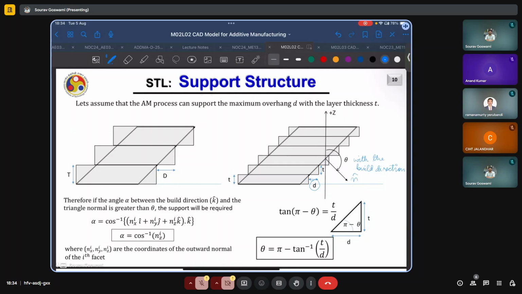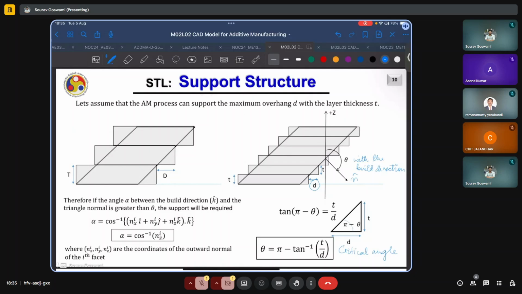Then the critical angle is obtained by pi minus tan inverse of t by d, t again being the layer thickness and d being the length of the overhanging feature. And for all angles that this facet normal makes which are less than theta, support structure will not be needed.